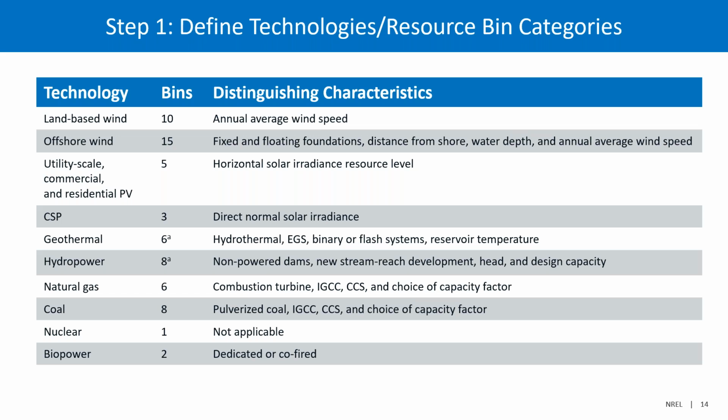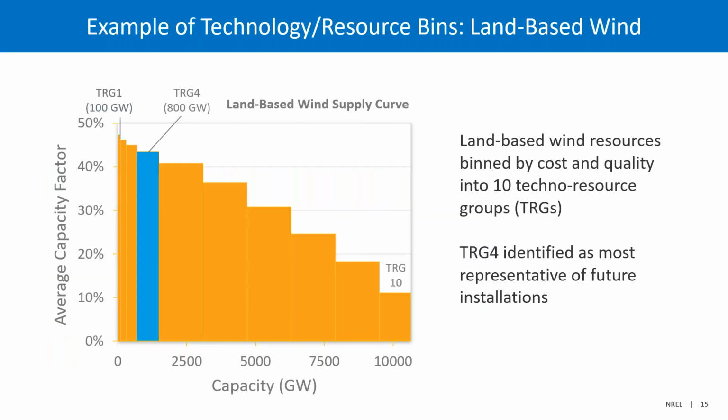So this slide shows the technologies and resource bin categories that we highlight in the Annual Technology Baseline. And these have been fairly stable between last year and this year. There were more changes in the previous year. As an example, this is a land-based wind supply curve, which shows the capacity factor associated with different quality of resource.